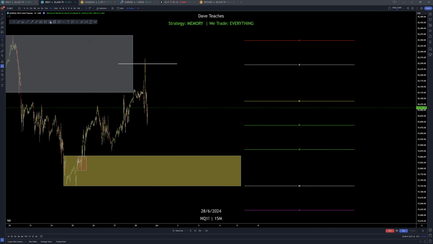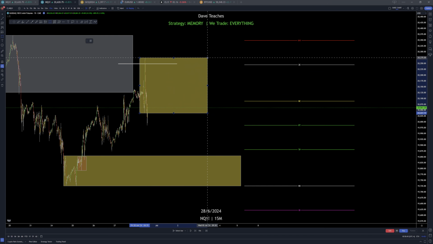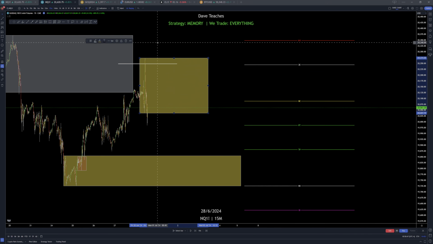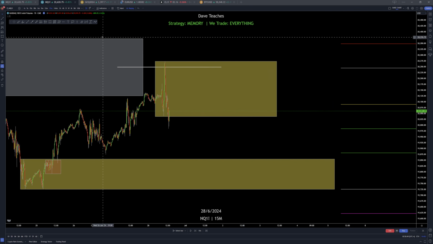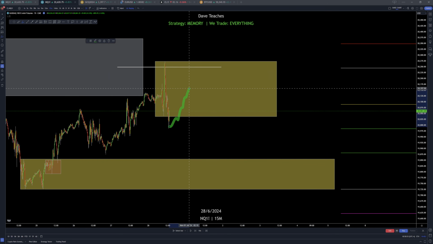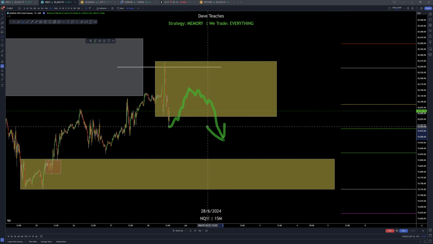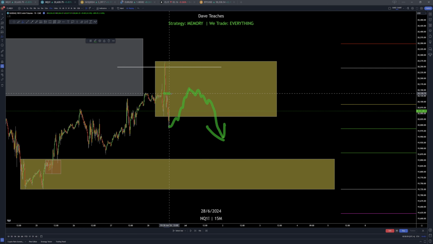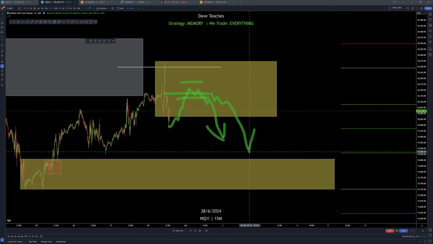So where is the previous range? The previous range is right here. Now we take that as the previous range, and we look for price to trade back into the previous range, and then make its way, what? Back to the downside. So if we wanted to find another entry within here with the same criteria to trade to the downside, we could.